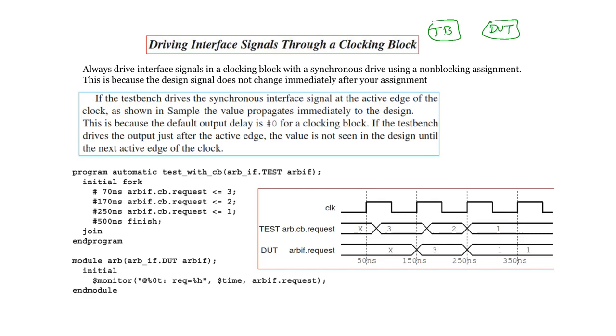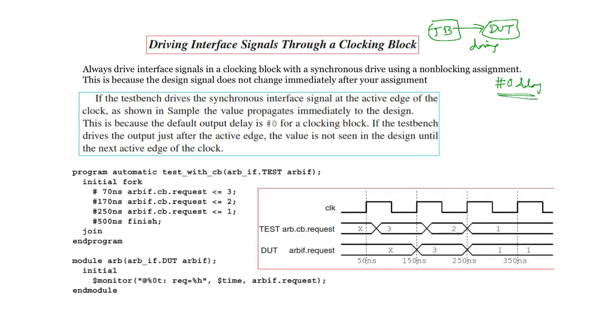When you drive the DUT through a clocking block, how are the driving signals applied? Through the clocking block only. We already know the characteristics of the clocking block: by default, if you are driving signals, it takes #0 delay. While sampling it takes #1 delay, which we saw in the last slide.